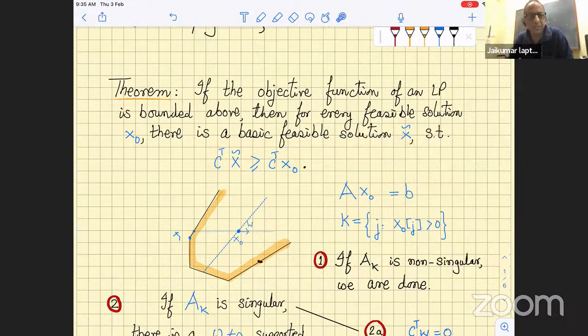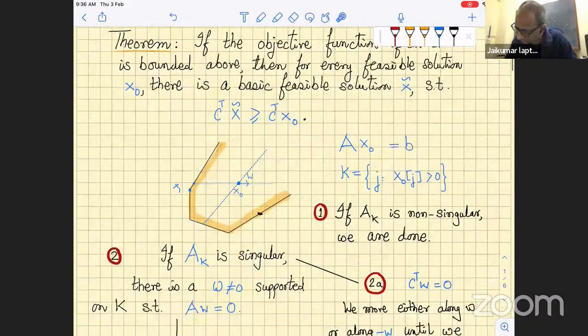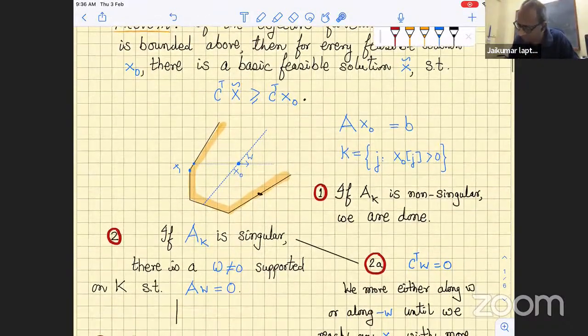So if the LP is bounded, then for every feasible solution, I can also demonstrate a basic feasible solution which will do as well. And I slightly fumbled while doing the proof. So let us just quickly review. We won't do it in great detail, but let me just tell you how this proof was done.